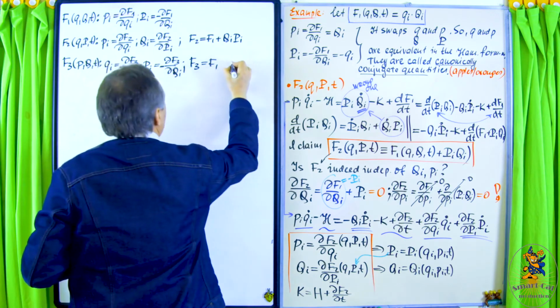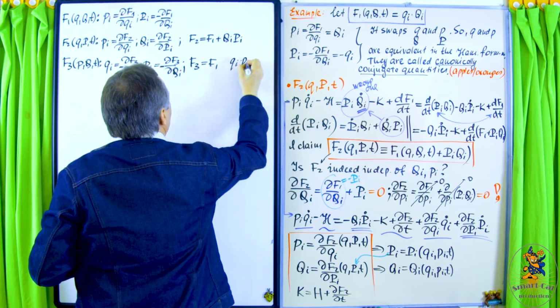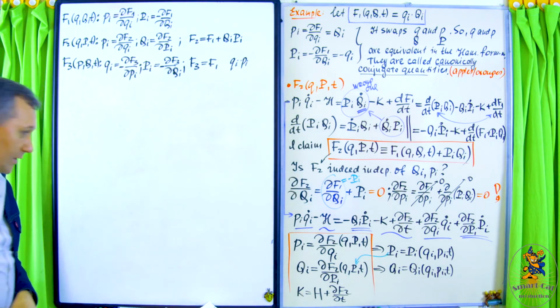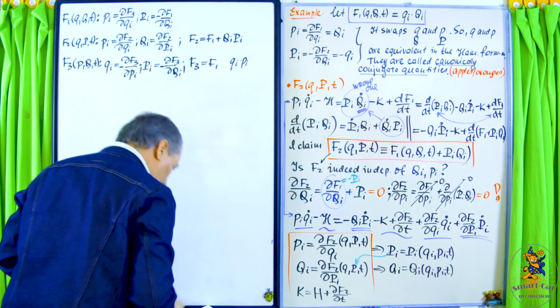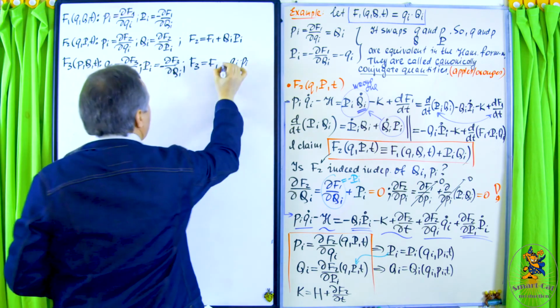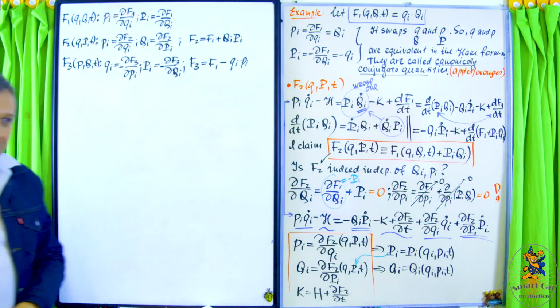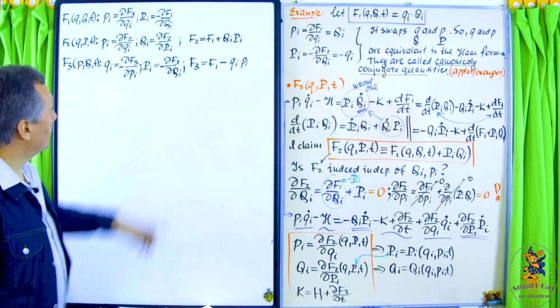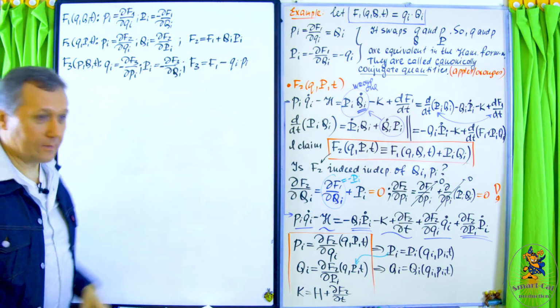So here we must have the q i pi product, right? And the sign is plus. Oh, just a second. No, f1 minus, right? Okay, again, so old, new, right?